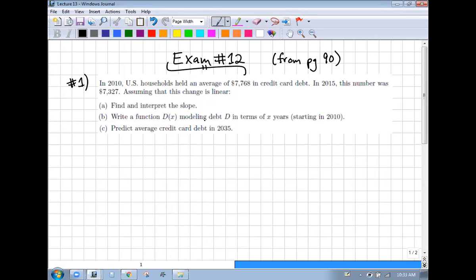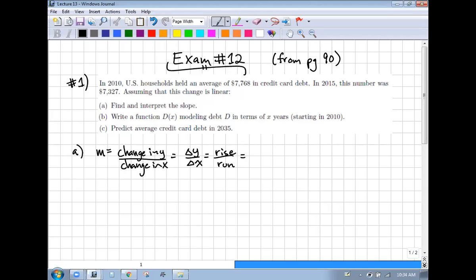Okay, so to find and interpret the slope, remember the slope is your change in y value over the change in the x value, also known as triangle y over triangle x, or rise over run.